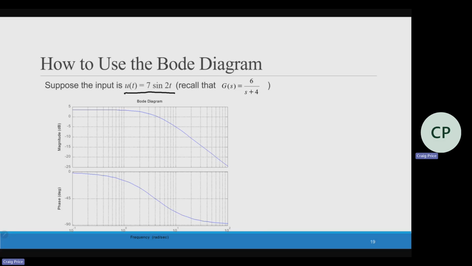So I have a system that responds differently at different frequencies. So we could plug in any number of frequencies in here. But our goal is to, let's say I kind of know what my input is. How will our system respond? What output will we have? Any ideas of where we should start?